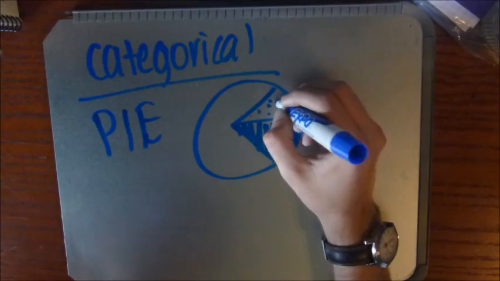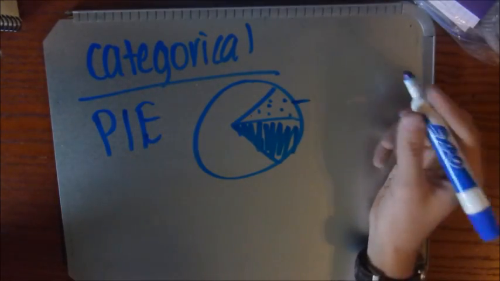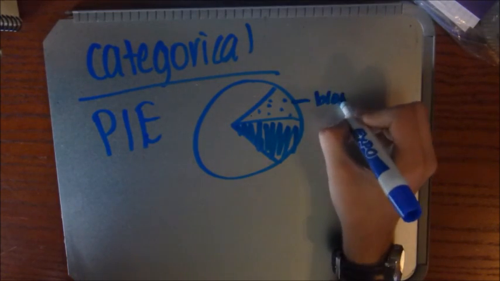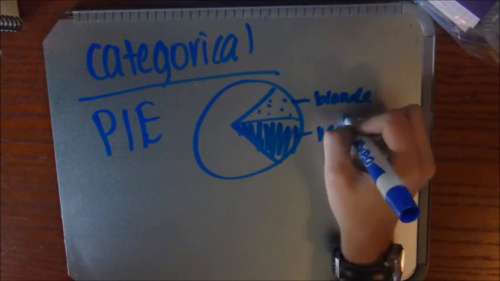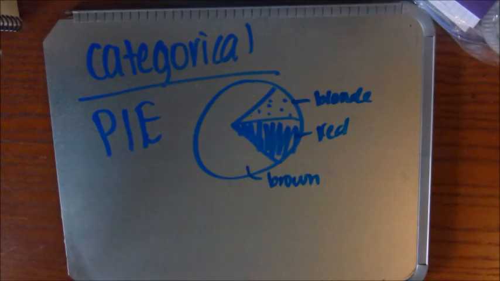This is a good way to represent categorical data because it's visually appealing, and it makes sense for this type of data. For example, this could be the blonde, this could be red hair, this could be brown. We're all represented.